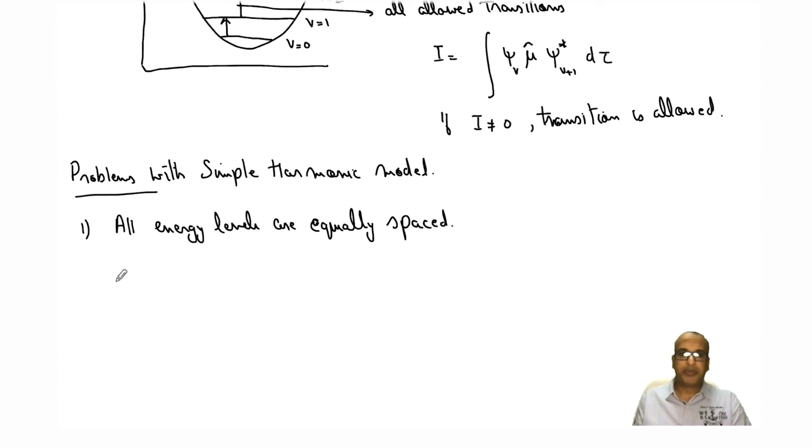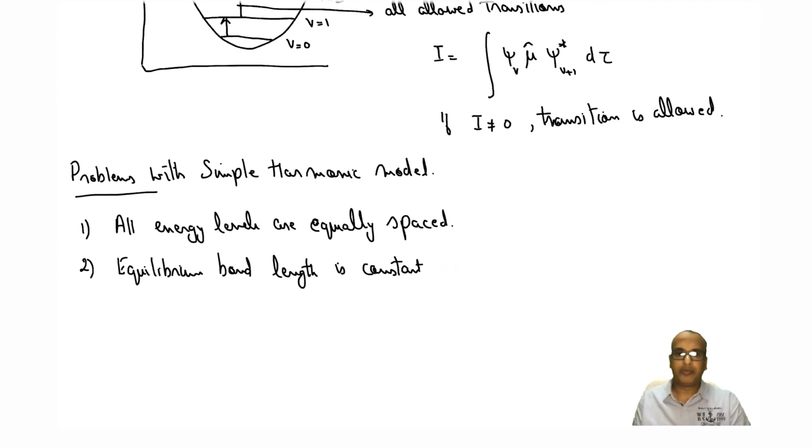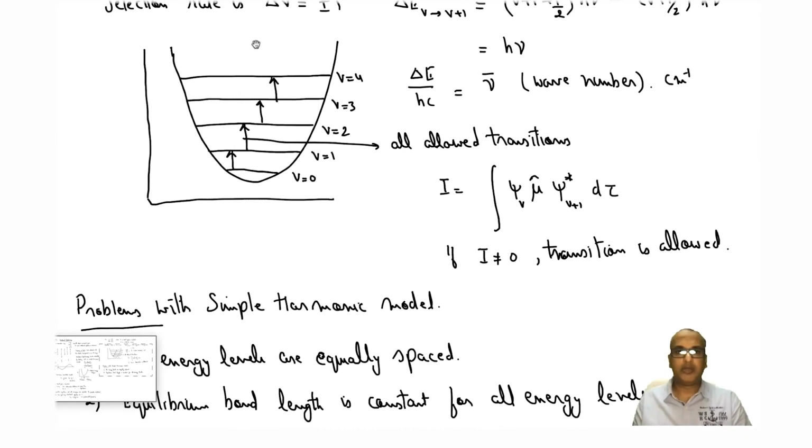The second problem is that the equilibrium bond length is constant for all energy levels. What do I mean by equilibrium bond length? If I look at the equilibrium values over here, it is something like this, right?